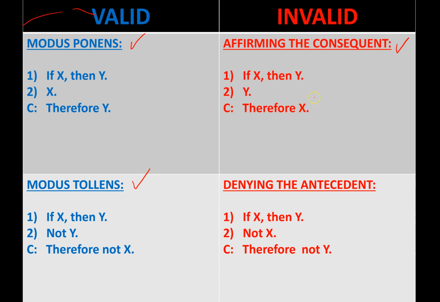Therefore, you got X. Always invalid no matter what you plug in for X and Y. And then down here, denying the antecedent. If X, then Y. Well, you don't have X, right? You're denying the antecedent. Therefore, you don't have Y. Always invalid. No matter what you plug in for X and Y. I can't stress that enough.